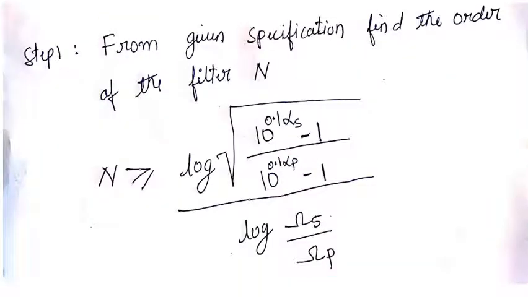Once we have noted down the specifications, the next step would be to compute order of a filter. And order of a filter is denoted by the term capital N. The formula to compute order of a filter for Butterworth prototype is displayed on the screen.